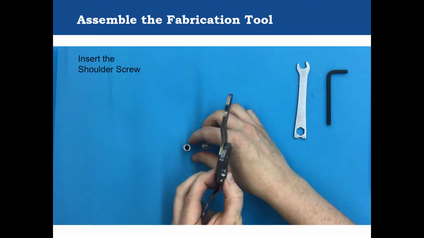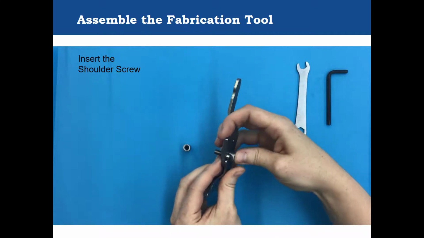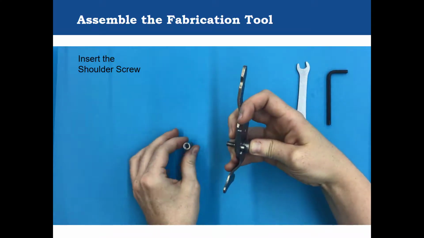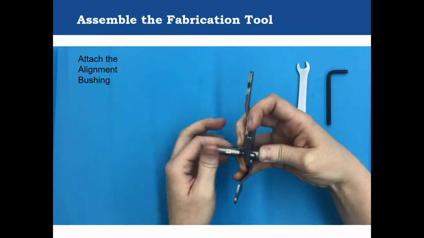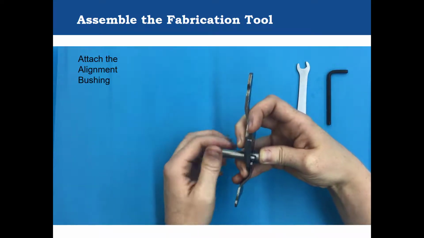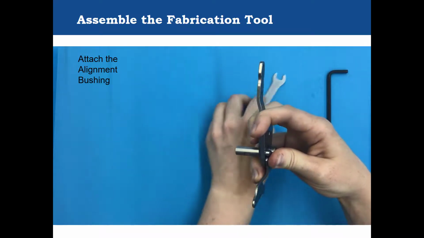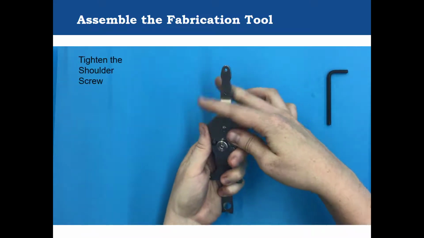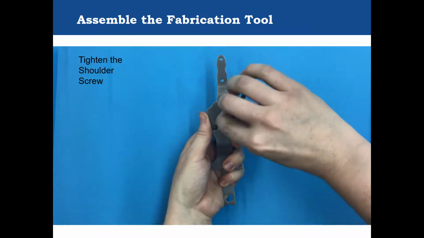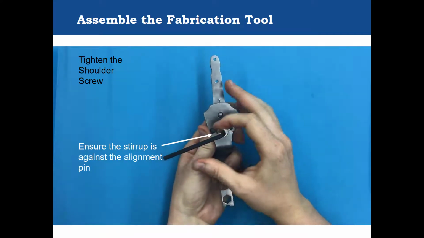Insert the shoulder screw through the pivot hole in the stirrup, dummy, and upper bar, and attach the alignment bushing. Ensure that the stirrup head is seated firmly against the fabrication dummy alignment pin.